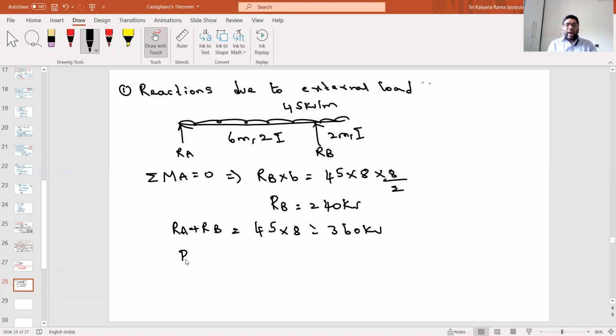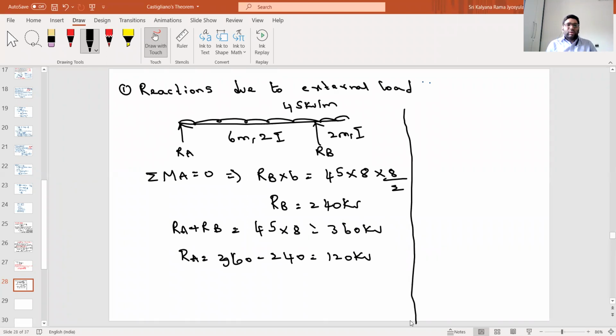And RA is equal to 360 minus 240, that is equal to 120 kilonewton. So this is with external load.